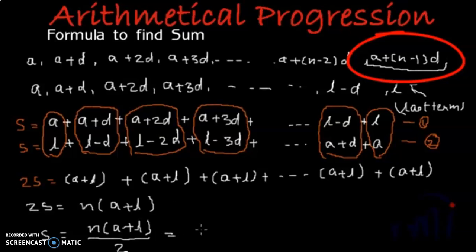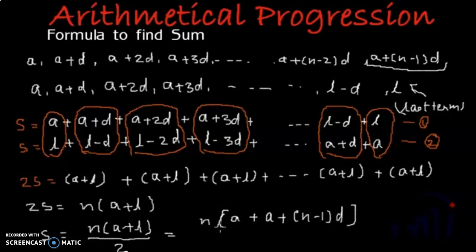So let us just rearrange it one more time. N into a plus, in place of l we will write a plus n minus 1 into d, and the by 2 below we will write the same, right? Now n into a plus a can be written as 2a, correct?